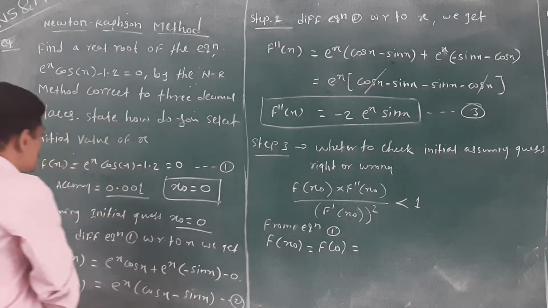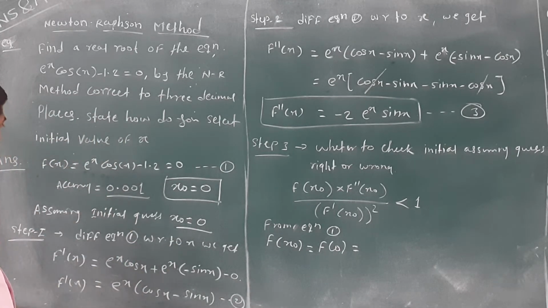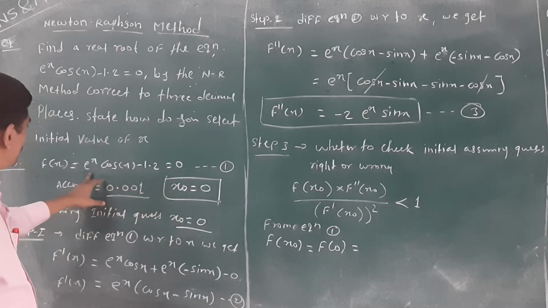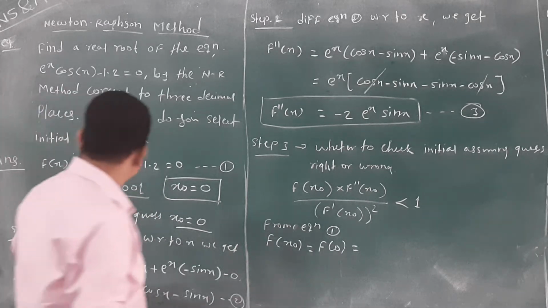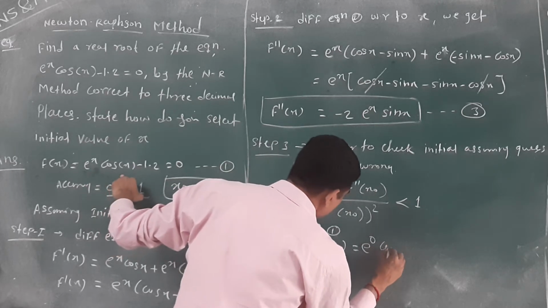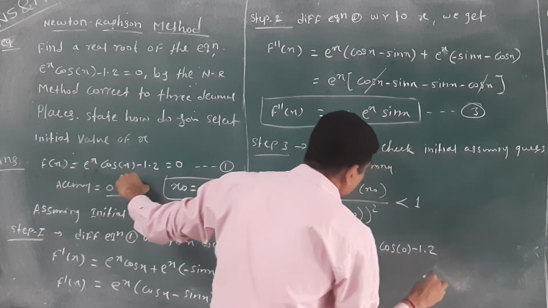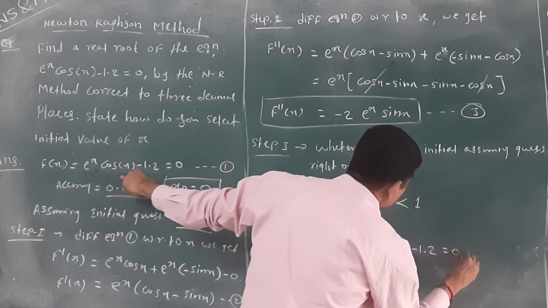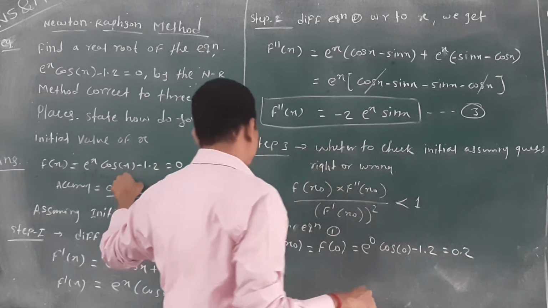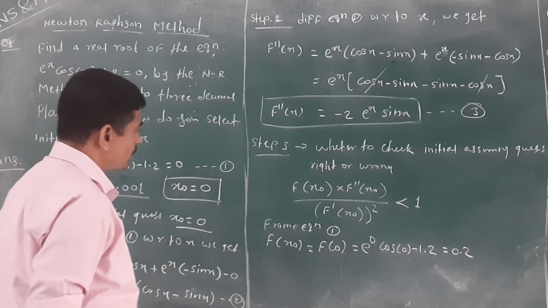We want to check that assumption. Here I have written x0 is equal to 0. We put x0 equal to 0: e raised to 0 into cos 0 minus 1.2. Then how much will you get? Minus 0.2.